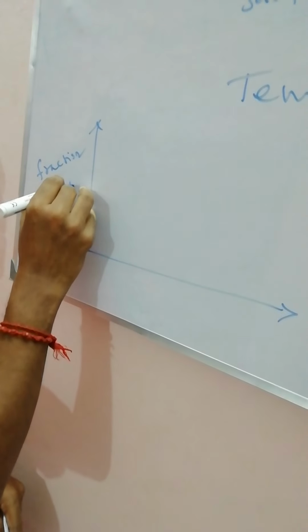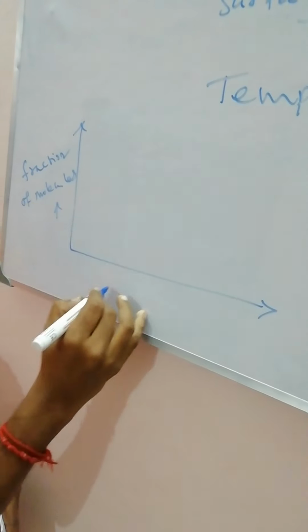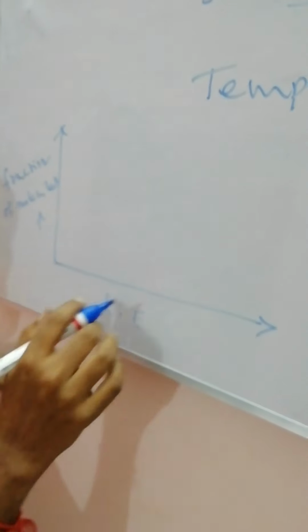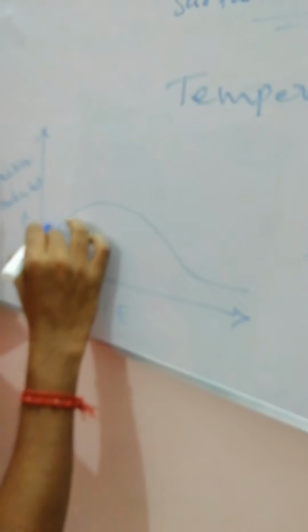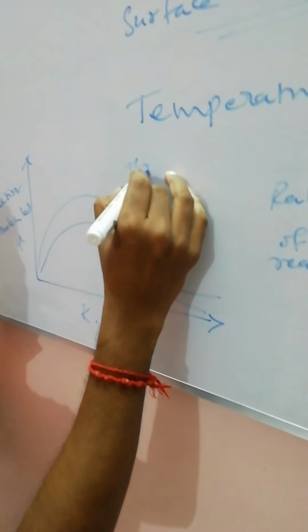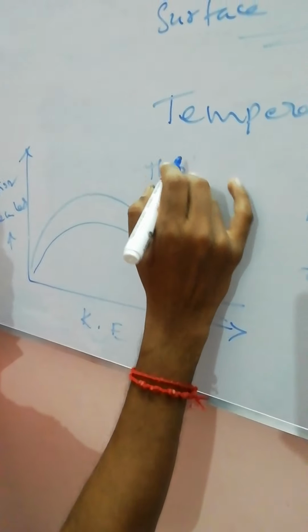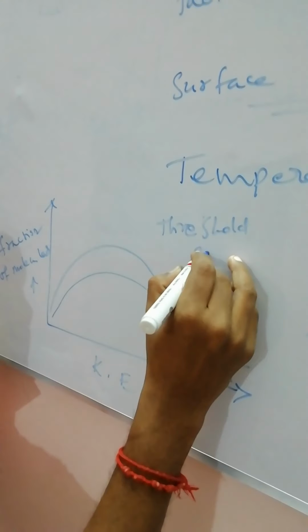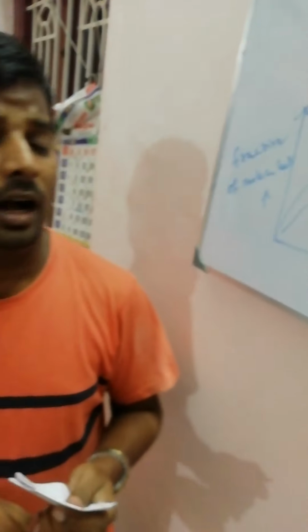Fraction of molecules. Now you don't know what fraction of molecules is, or what kinetic energy is. I will teach you again. Now I just tell the things. This is the threshold energy barrier. What is threshold energy? The minimum energy required to start up the process is called threshold energy. Activation energy.